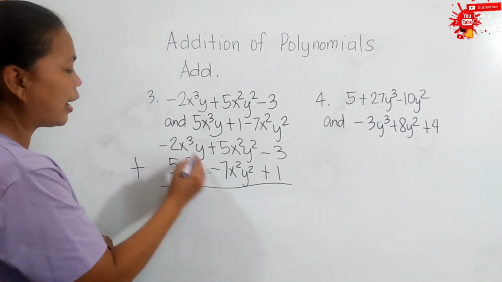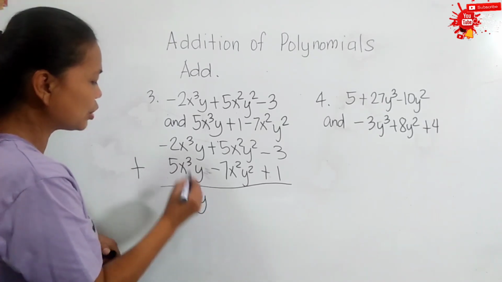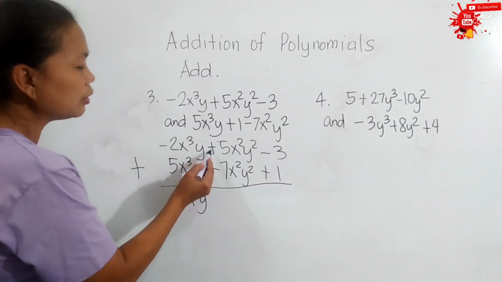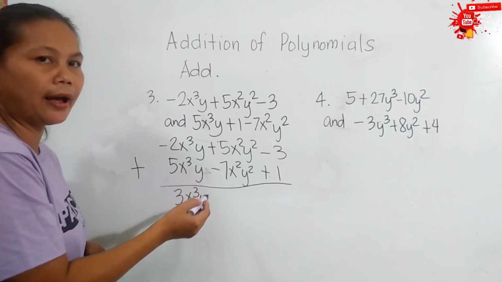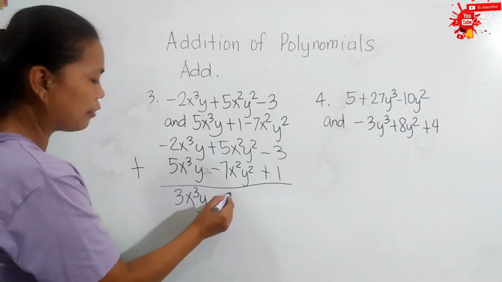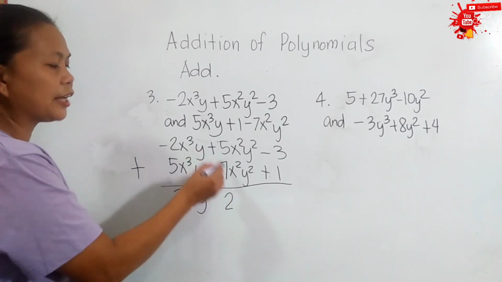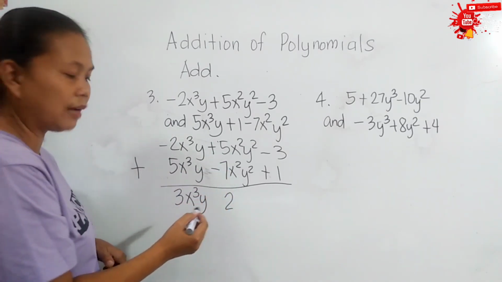Then we just affix or copy the literal coefficient, x cubed y. Now for positive 5 plus negative 7, again they have different signs, so we subtract. 7 minus 5, we have 2. And then we follow the sign of negative 7 because negative 7 has the greater absolute value.